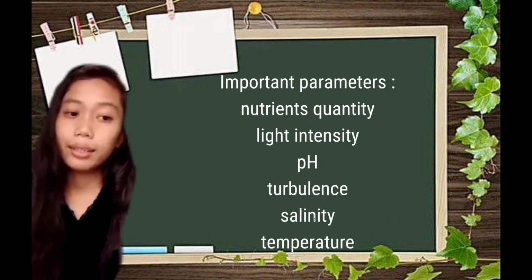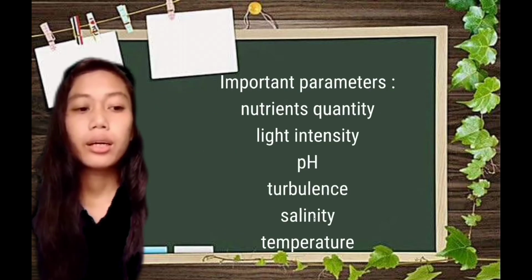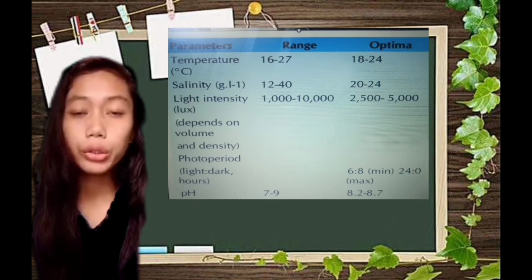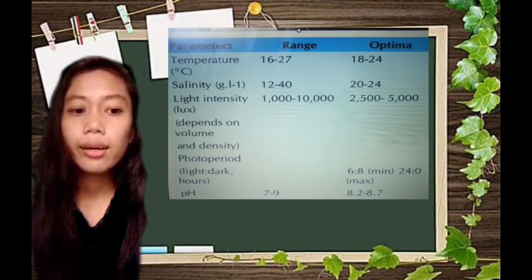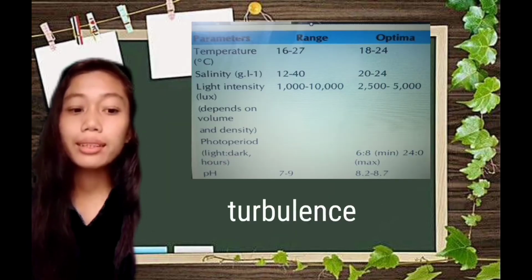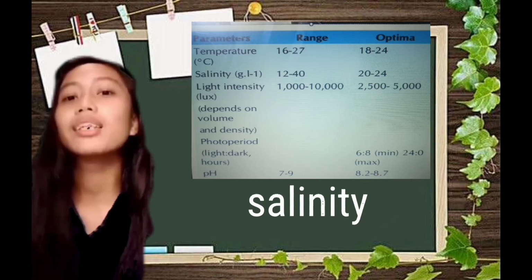The physical and chemical conditions. The important parameters regulating algal growth are nutrient quantity, light intensity, pH, turbulence, salinity, and of course, temperature.